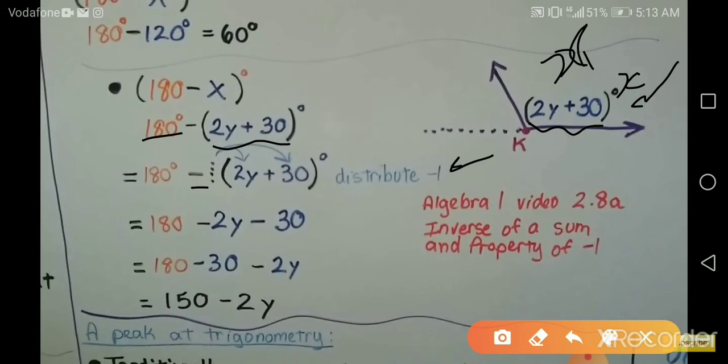Negative times positive gives negative. So negative 1 times 30 gives negative 30. So 180 minus 30 minus 2y. 180 minus 30 gives you 150, minus the 2y.